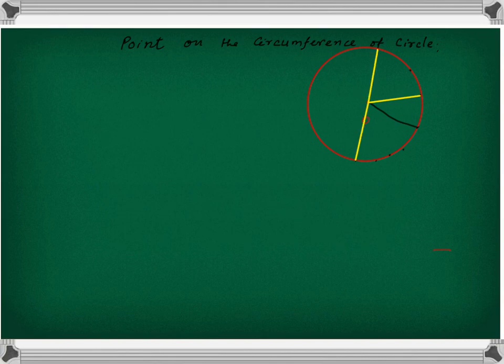So anywhere we draw, the length of OA, this is the point A I am taking, and B, C, D and X, will always be OA equal to OB equal to OC equal to OX.